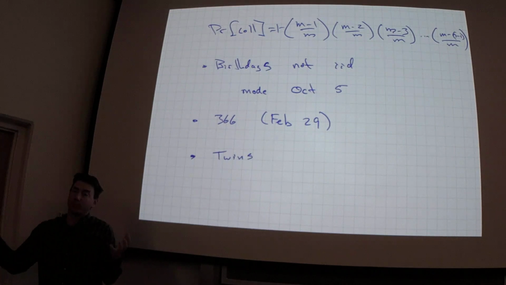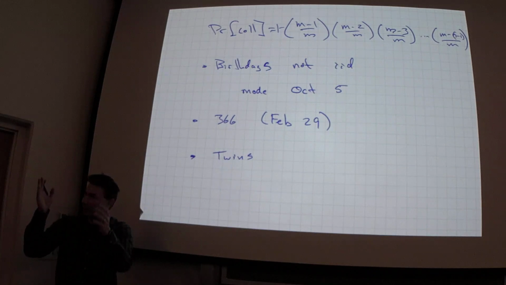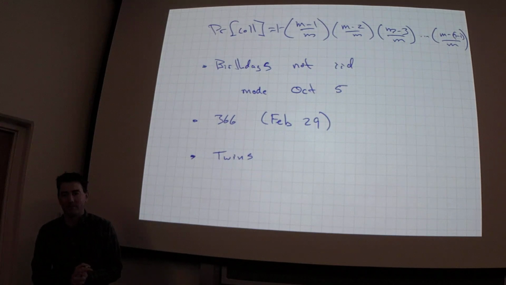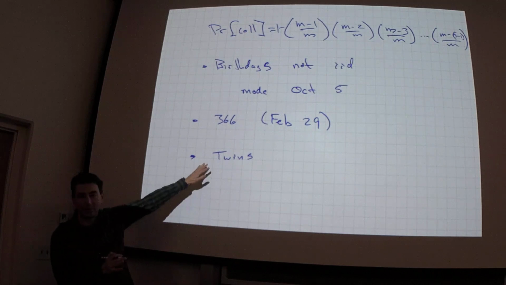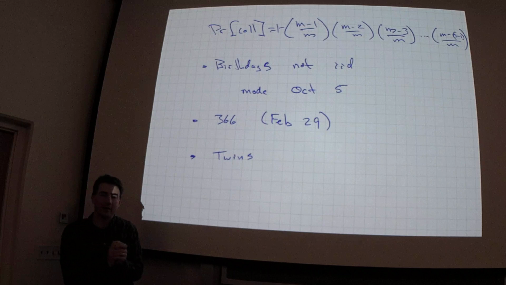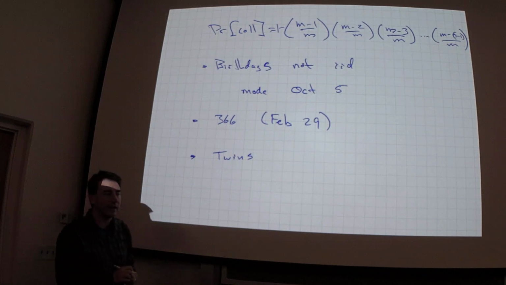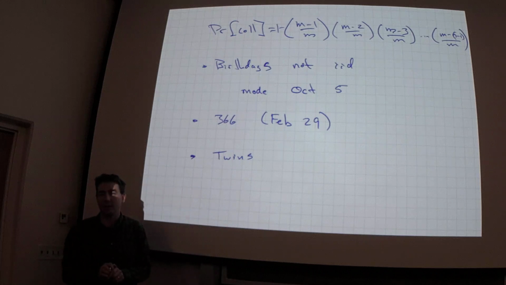If we have twins, they probably have the same birthday, right? I mean, they could be right around midnight. But if you have twins, then they're probably going to have the same birthday, and that makes it also not IID.